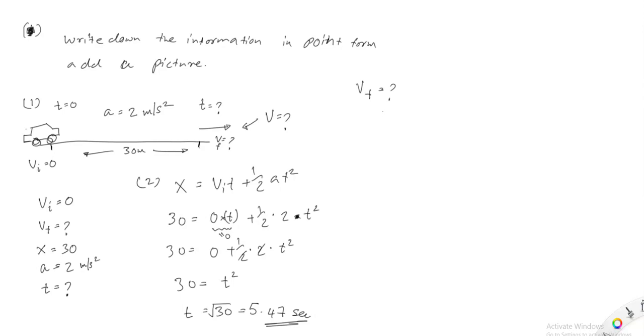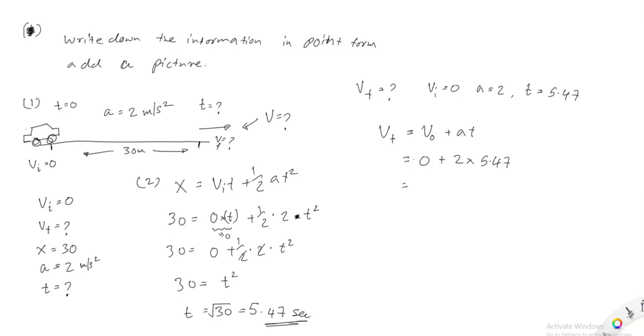What do you think a good equation we can use? Let's see the things we have in hand. We have V initial 0, acceleration 2. We already have the time which we calculated, 5.47. So using this, we can very easily use this equation. V final equals V initial plus a t. 0 plus 2 times 5.47.